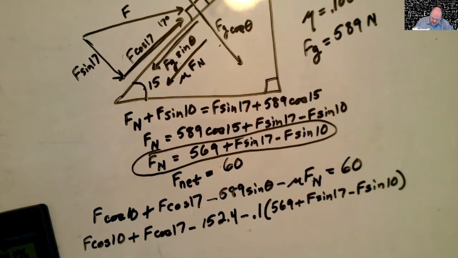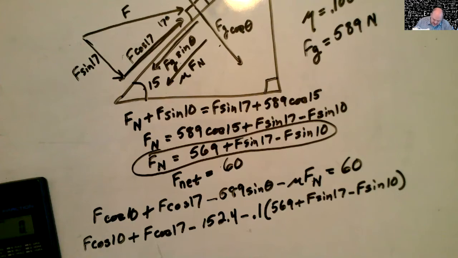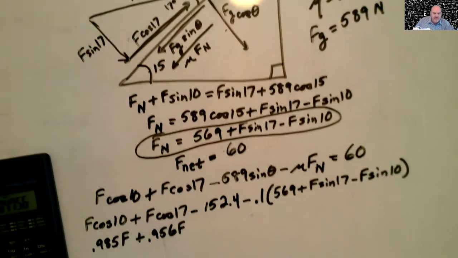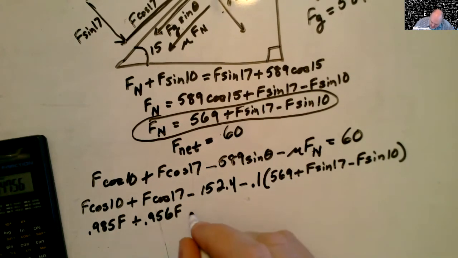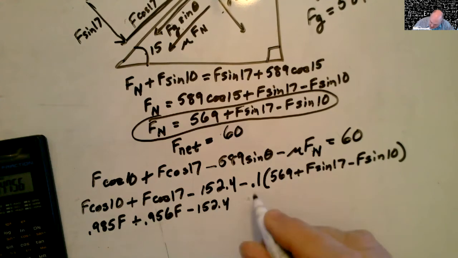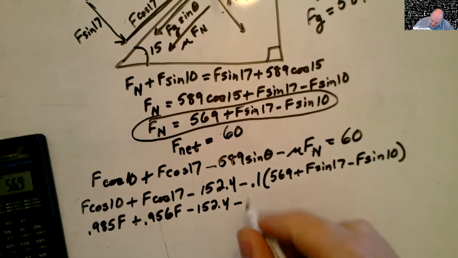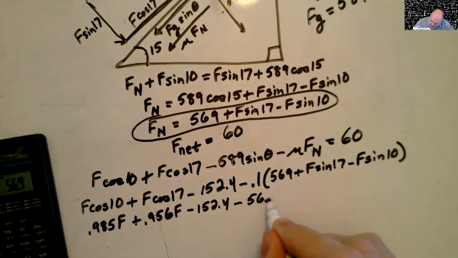Let's do some numbers here. Cosine of 10 is 0.985, so this is 0.985 F. Plus, 17 cosine is 0.956, so plus 0.956 F. Minus 152.4, minus 0.1 times 569. 569 times 0.1 should just move the decimal over, so that's a minus 56.9.